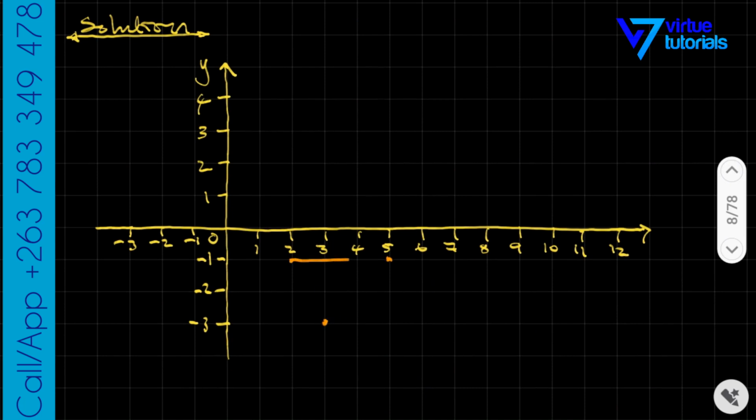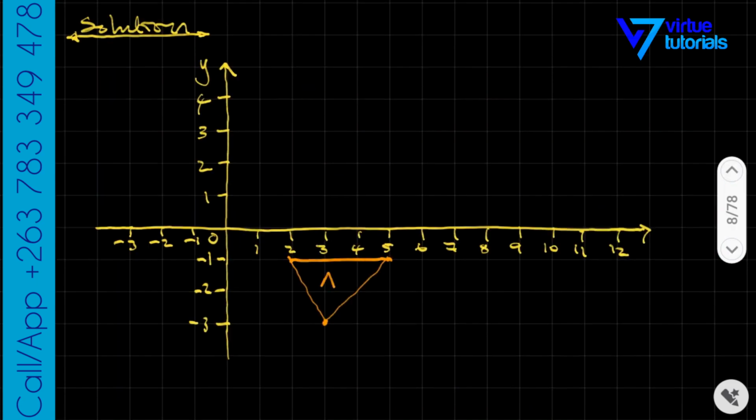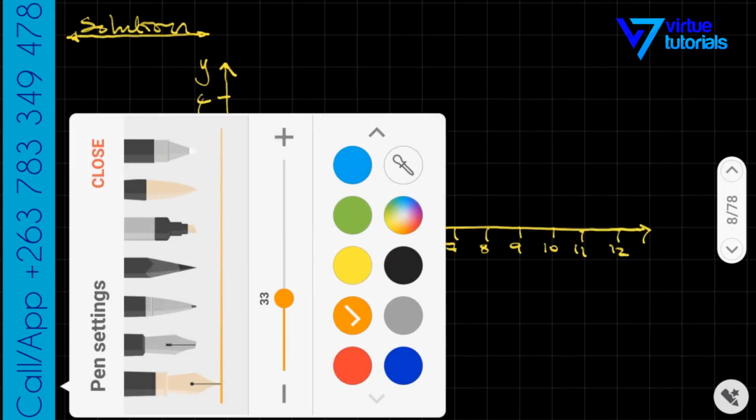So we can draw our triangle by joining those points. And what's the name of our triangle? Our triangle is triangle A. Name our triangle A.